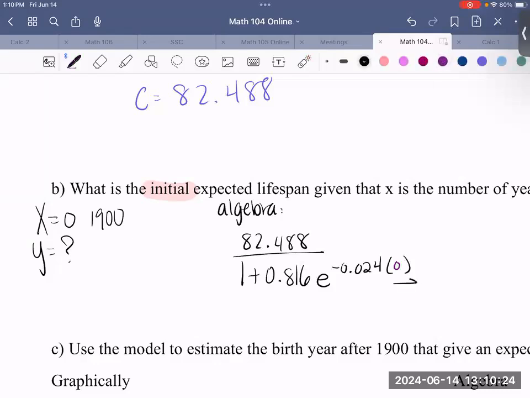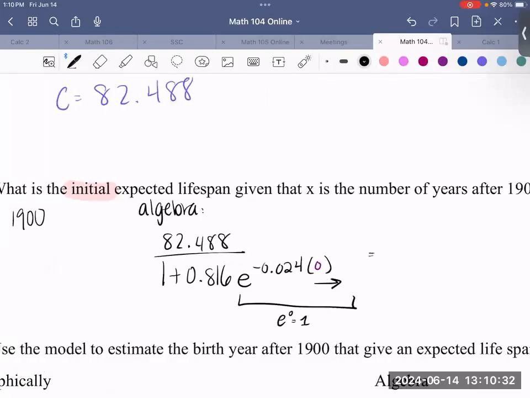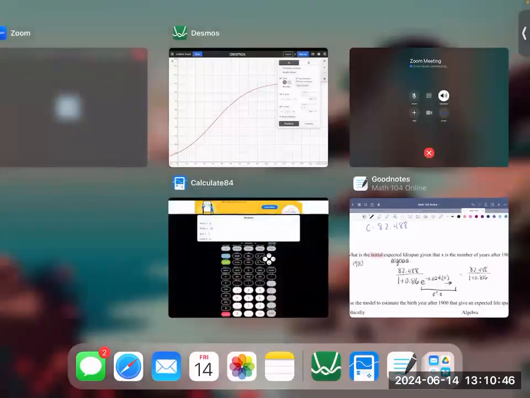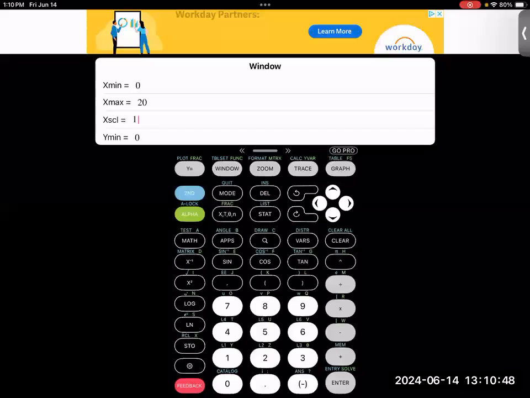Instead, it just makes the exponent 0, and e to the 0 is equal to 1. So we can algebraically plug this value into our graphing calculators and come up with that answer. So let's go ahead and do that on this calculator here.